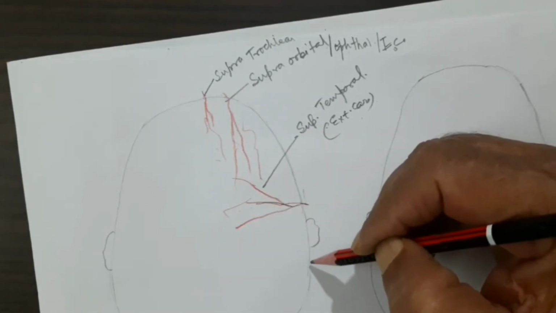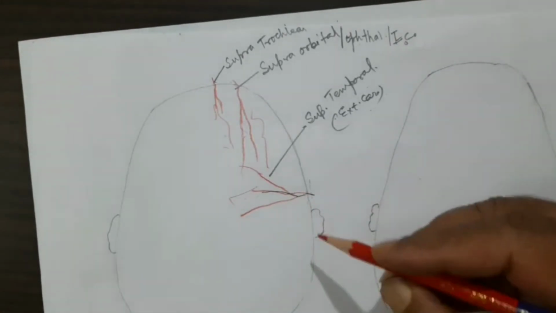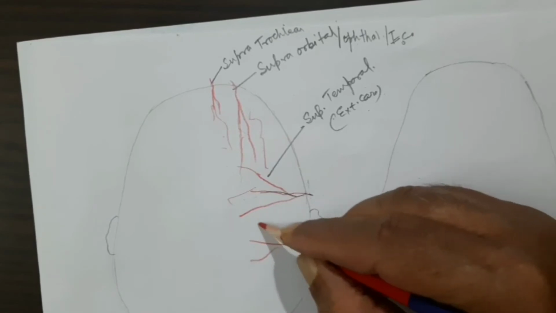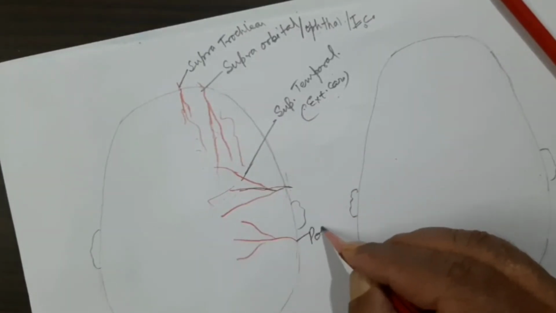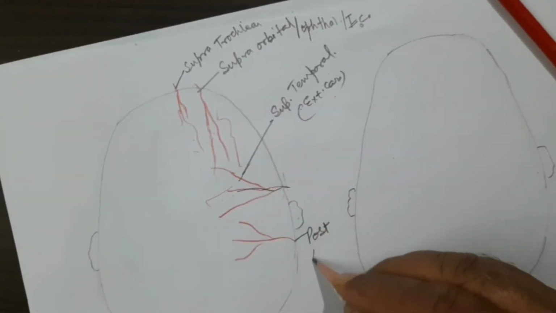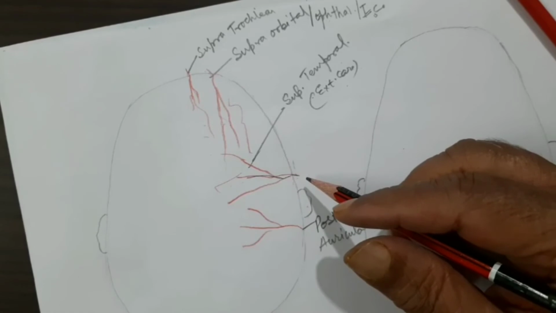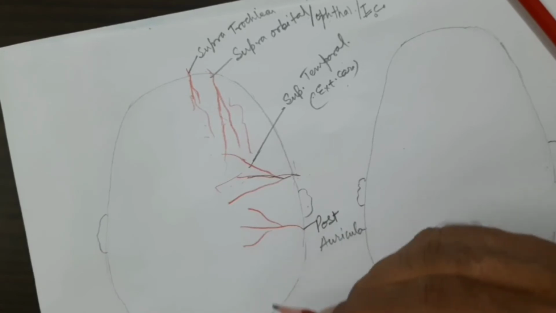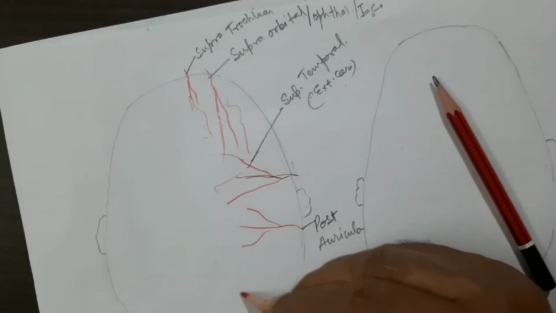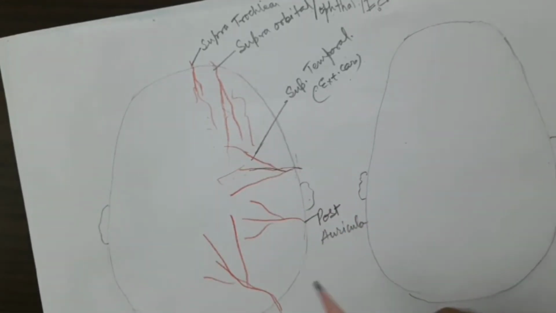Let us come to behind the ear. Which are these arteries? It is the posterior auricular branch. This was superficial temporal, and this is the posterior auricular because it lies behind the auricle. There will be one more, called the occipital artery, and this is quite large, a very thick artery.